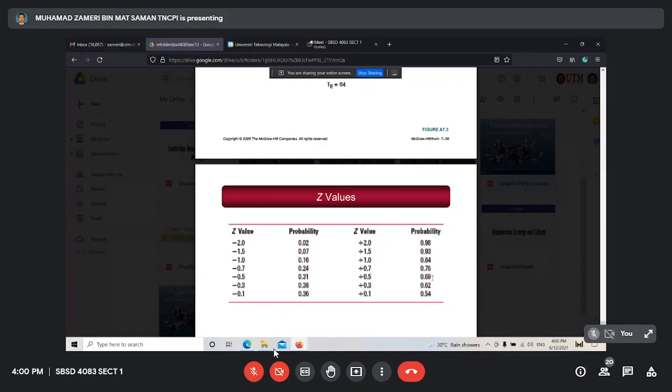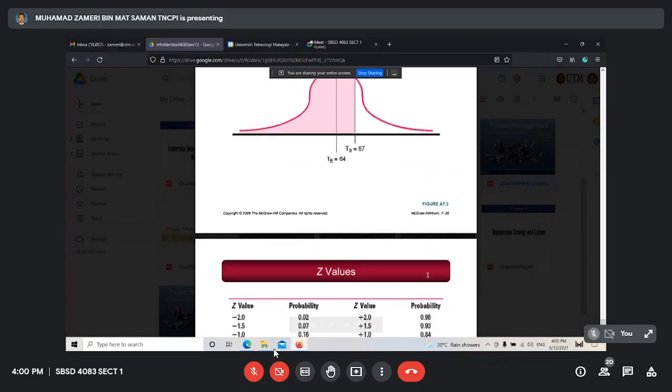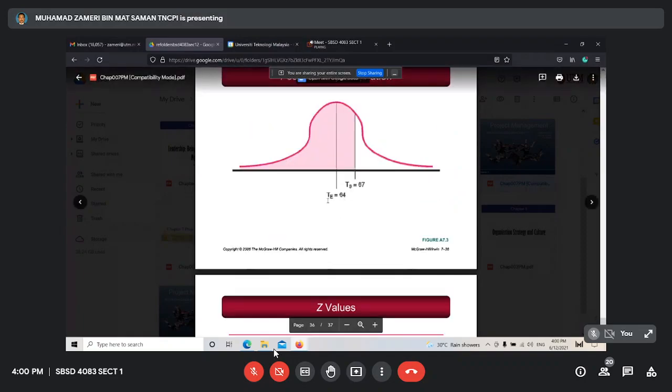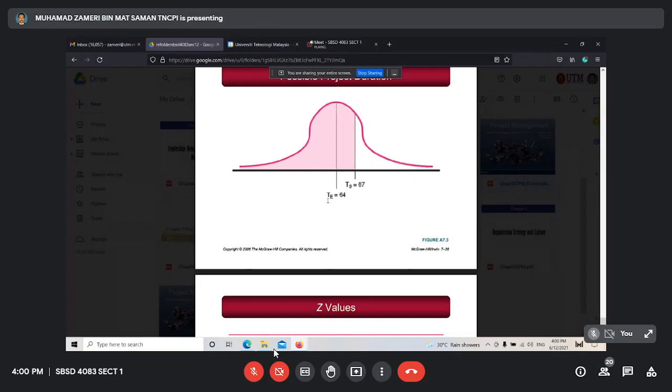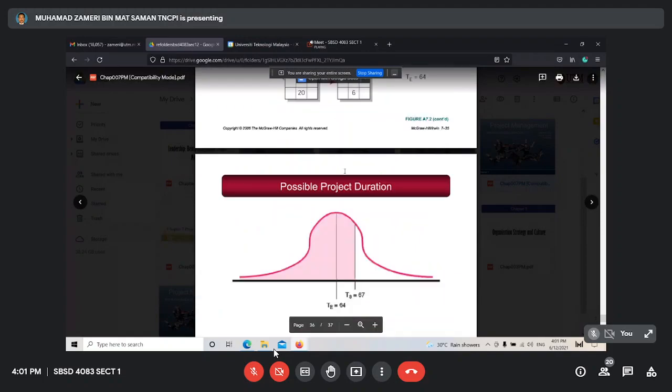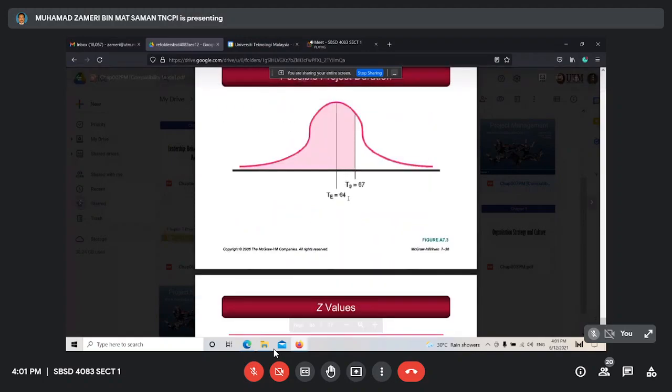0.69, that means 69%. So normally, because you have a range, in order to make a confidence, normally based on your average, this project takes about 64 days.